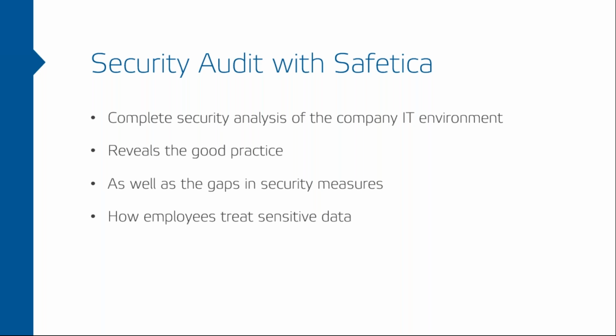So security audit is one of the major improvements in version 9, and it is a major tool for our partners for how to promote and how to sell Safetica better.